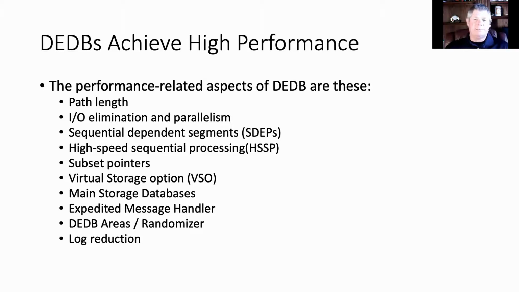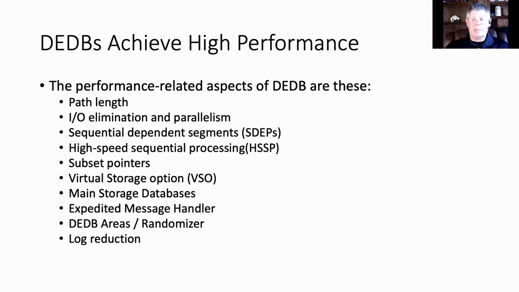They have main storage databases, which are not used as much, but this has no database I/O at all. They're root segment databases, and they have a minimum amount of resource contention, so it makes it very fast.